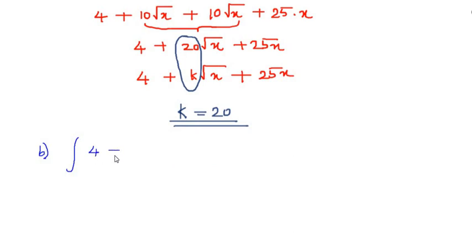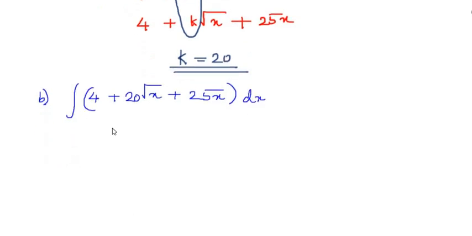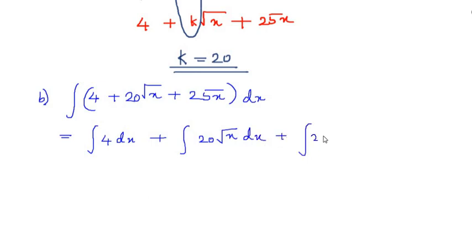So 4 plus 20 root x plus 25x dx. Now let us integrate it term by term. So we can write it as integration of 4 dx plus integration of 20 root x dx plus integration of 25x dx.